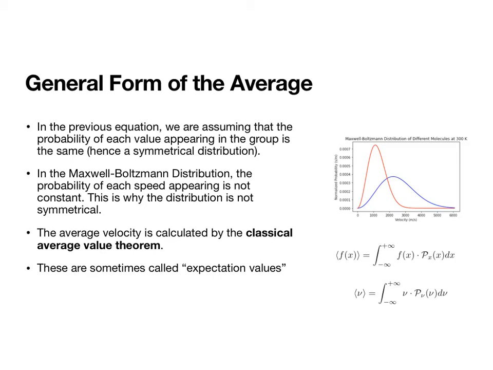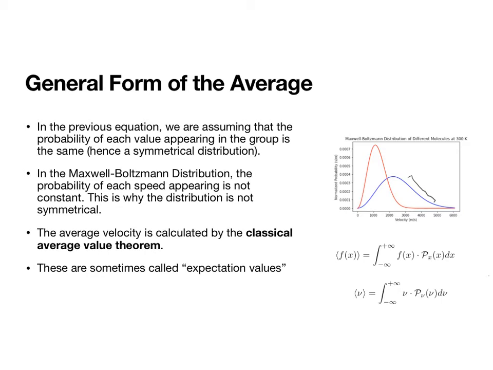And this means that it's a symmetrical distribution. In the Maxwell-Boltzmann distribution, the probability of each speed appearing is not the same. That's why this distribution is not symmetrical. Notice how on this side we have a long tail, especially noticed in this blue curve.